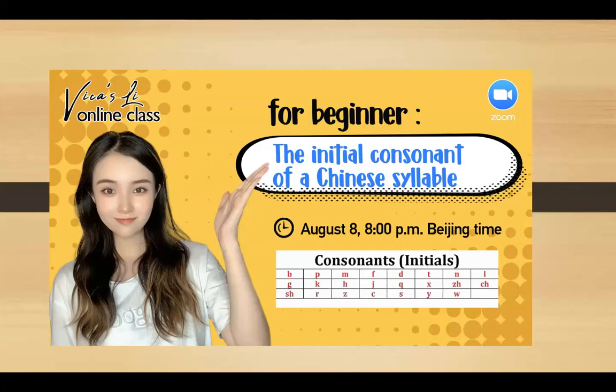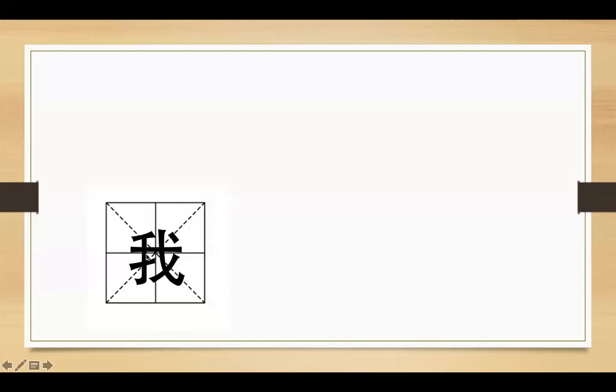When you see a Chinese character, or if you follow me on my Facebook page, I will always include Pinyin on top of the character. Pinyin means the pronunciation of a Chinese character.